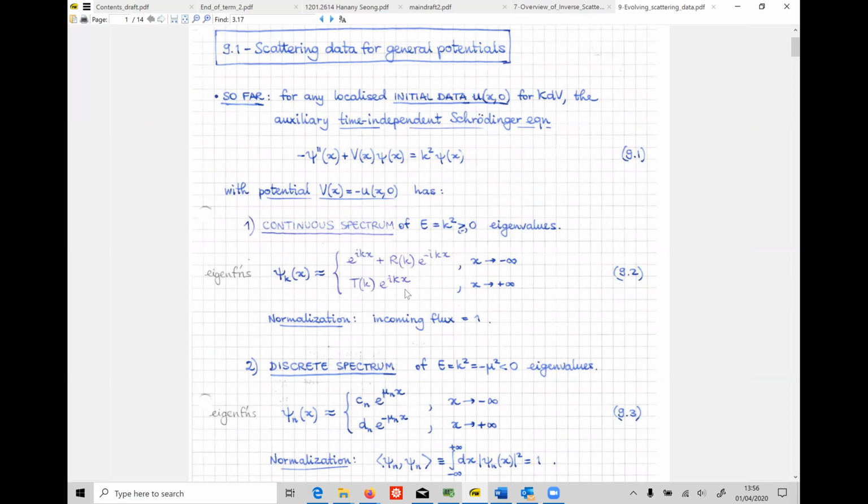And secondly, we saw that the time evolution of the reflection and transmission coefficients, or the coefficients C_n and D_n for the bound state solutions, was governed by a linear equation. Moreover, it was completely independent of the potential, because we only worried about the asymptotic region where the potential goes to zero.